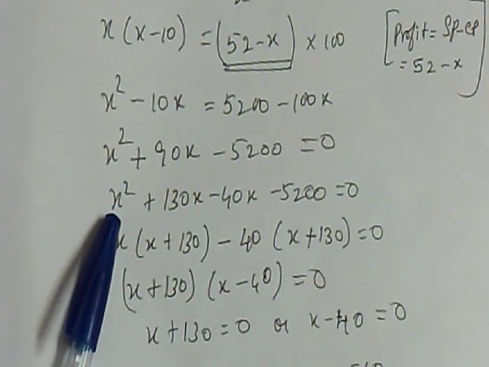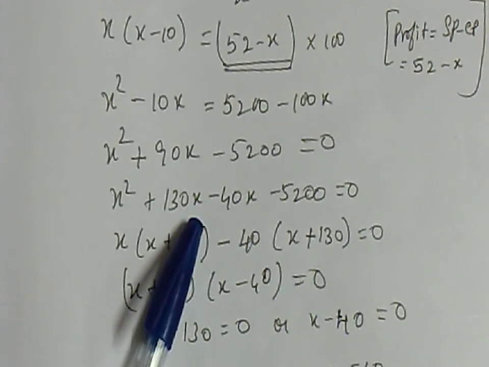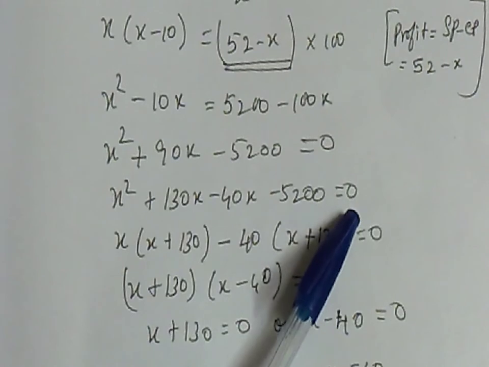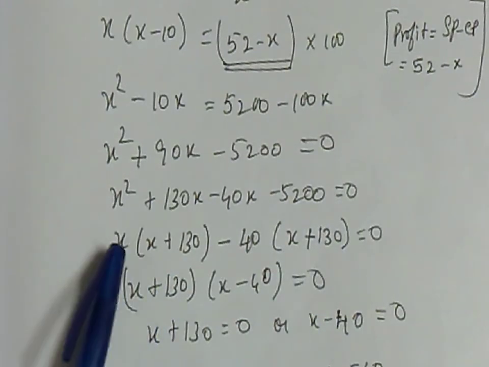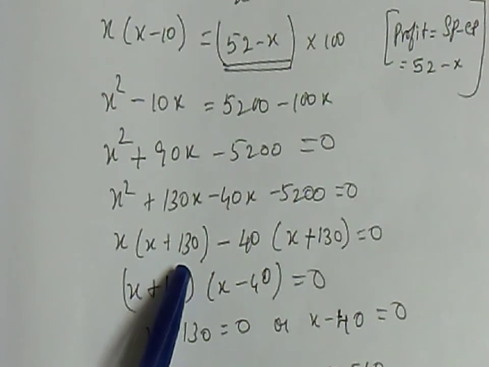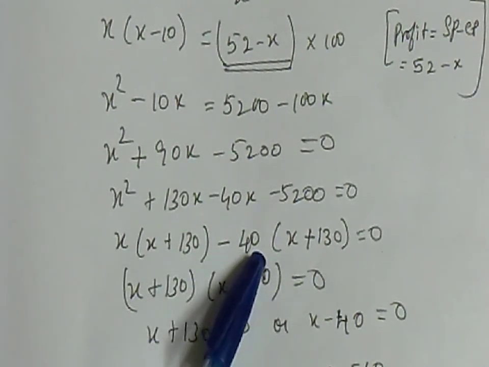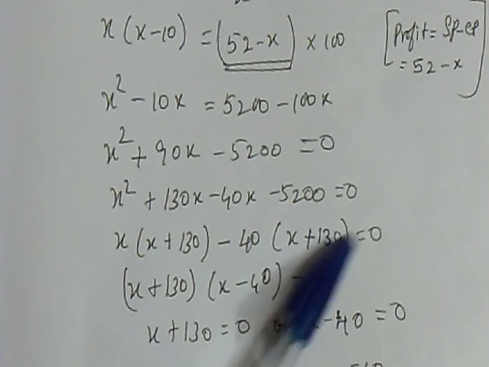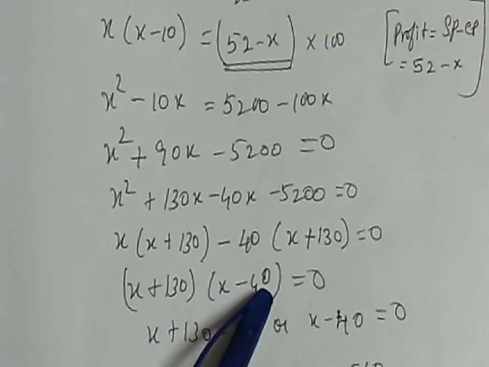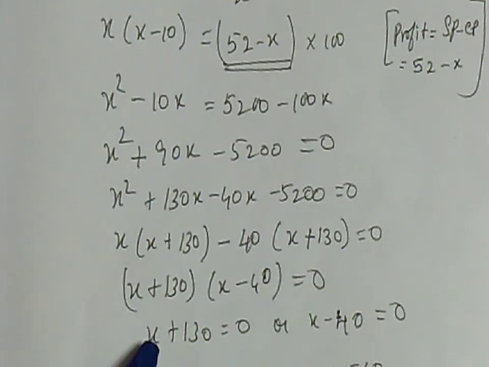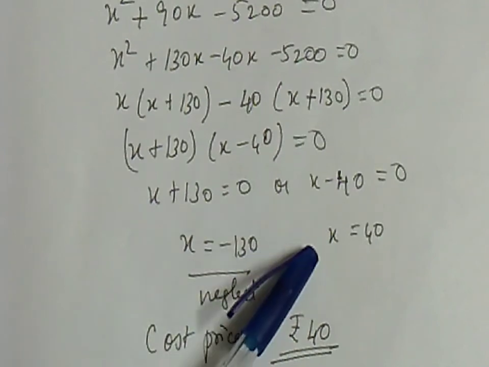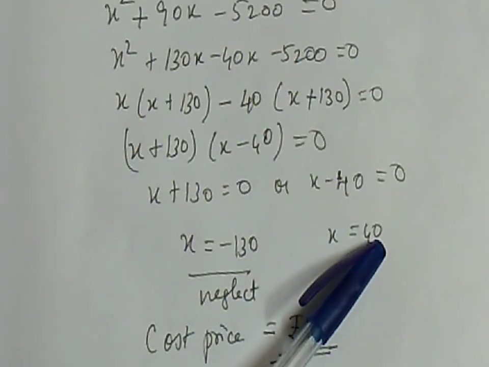So x squared plus 130x minus 40x minus 5200 is equal to 0. x common, x plus 130 minus 40 into x plus 130 is equal to 0. Now x plus 130 into x minus 40 is equal to 0. Then you will get x is equal to minus 130 or x is equal to 40.